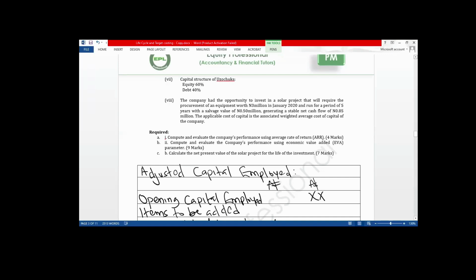Now the question will be, what is average rate of return? Then how do we calculate average rate of return? Please, in exam, as much as possible, try to be able to explain the requirement to yourself.